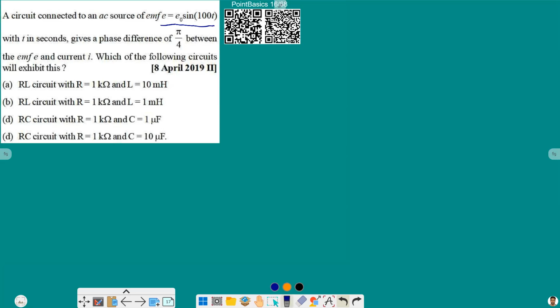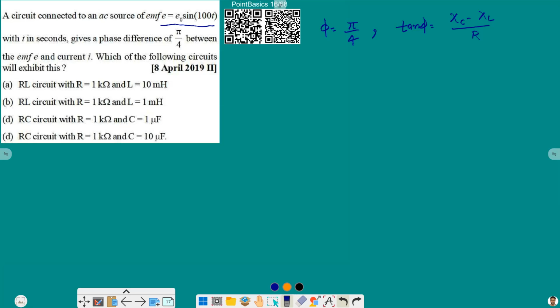So we can say φ is π/4, and for phase difference we have the relation tan φ is equal to (XC - XL) divided by R. So we will calculate one by one using all of these values.